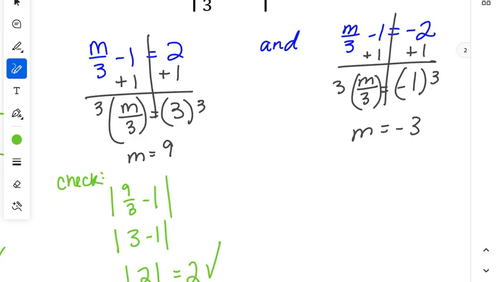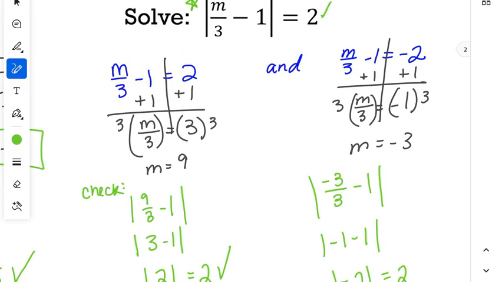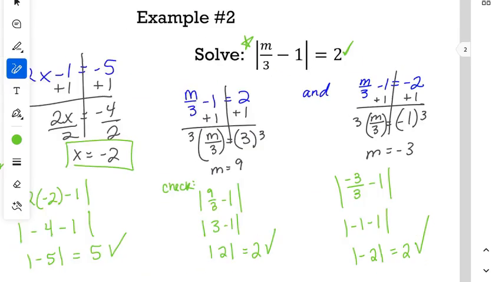Okay, the other one, -3 over 3 minus 1. Absolute value. So that'd be -1 minus 1, which is -2. Absolute value of -2 is +2. So it works. It has to work within this equation.